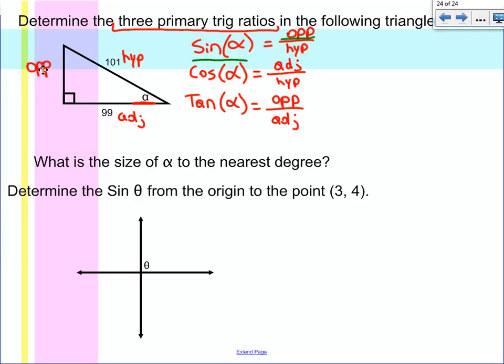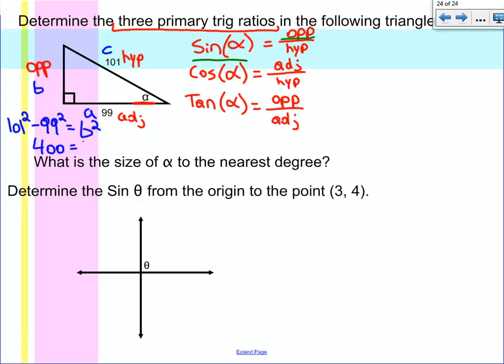So 101 squared minus 99 squared equals b squared. If you put that in your calculator, 101 squared minus 99 squared, you're left with 400 equals b squared. And your last step is to square root 400. So that means b equals 20.